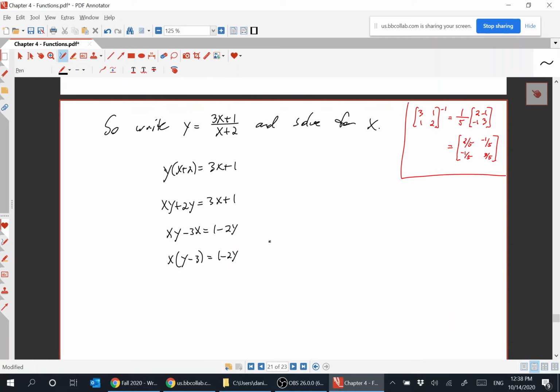What did I do wrong here? So x is equal to (minus 2y plus 1) over (y minus 3). It's supposed to be the inverse matrix, but it's not. What happened? So it's minus 2, 1, 1, minus 3.